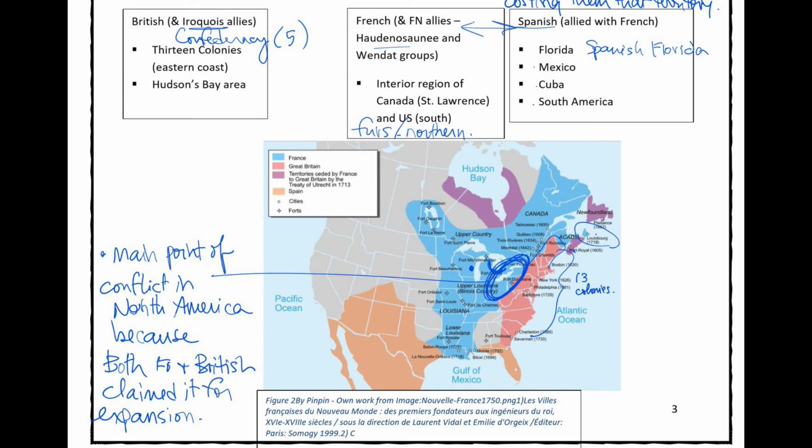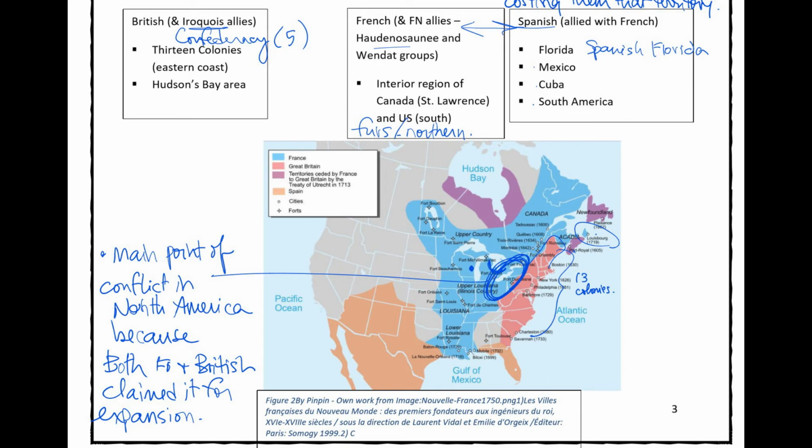River Valley. The river valley, because? Because they wanted it for transportation. Not necessarily transportation, but they wanted to expand. Yeah. Main point of conflict in North America because both the French and British claimed it for expansion.